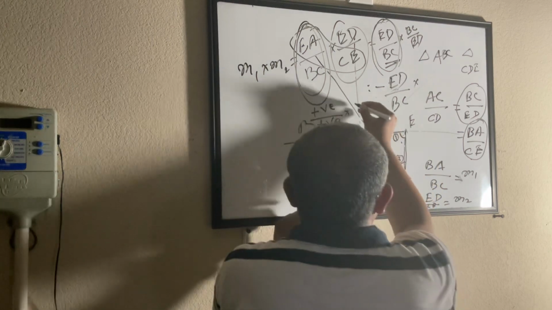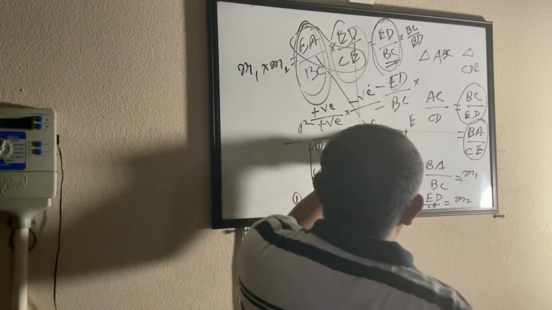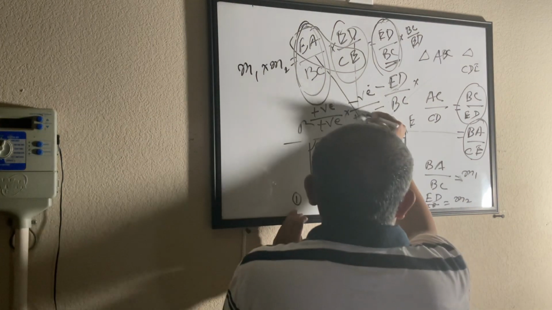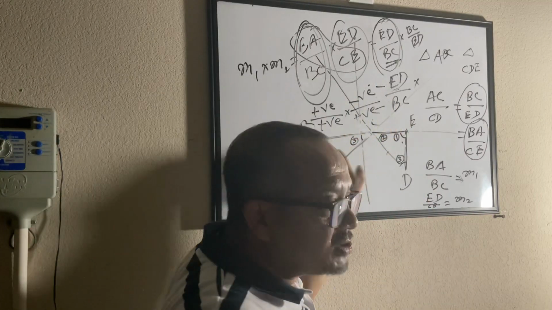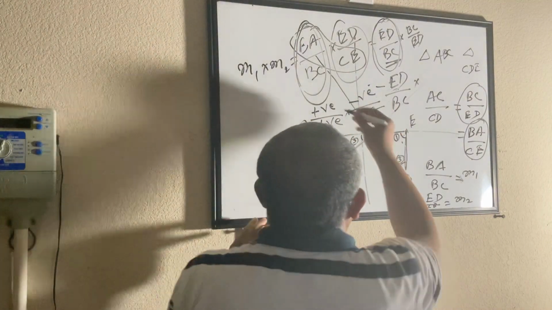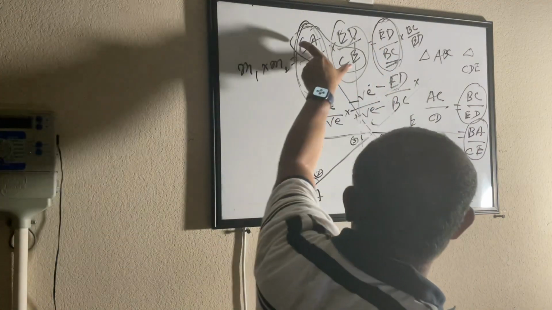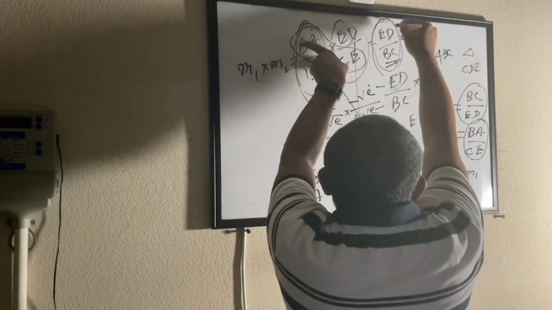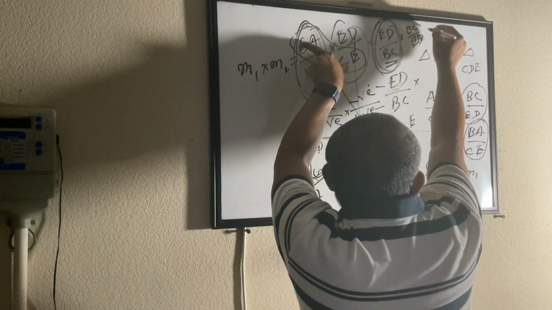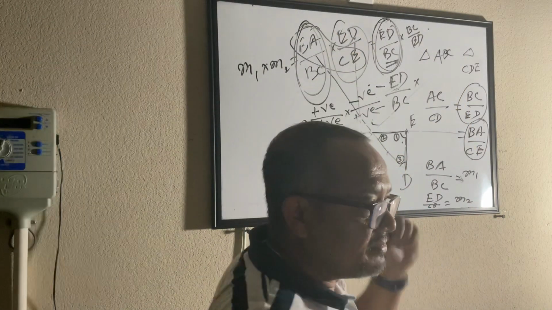So your rise is negative and your run is positive. So your overall outcome is negative, and from that we found that this whole thing is equal to ED over BC. So this will give you 1 but with a negative.